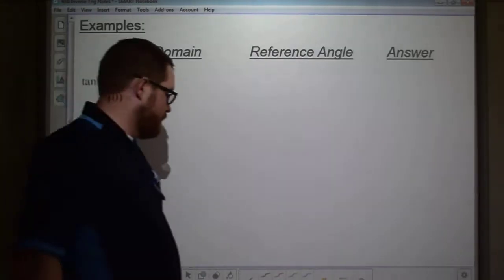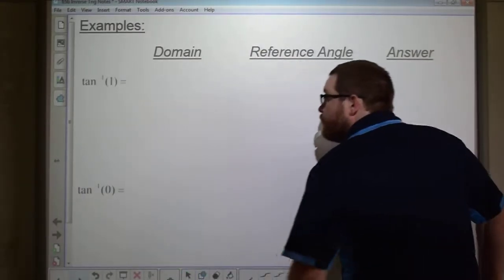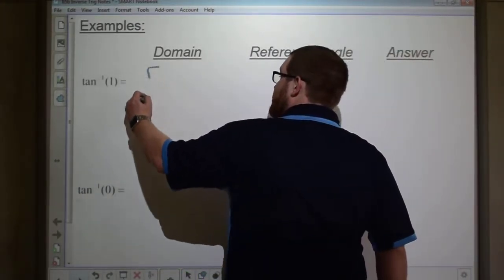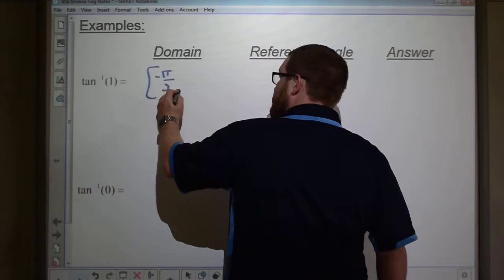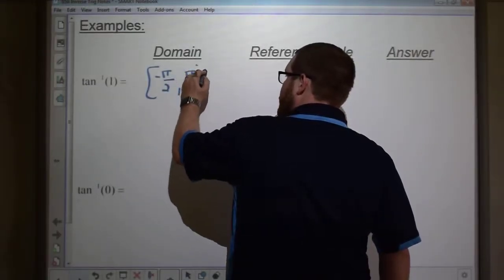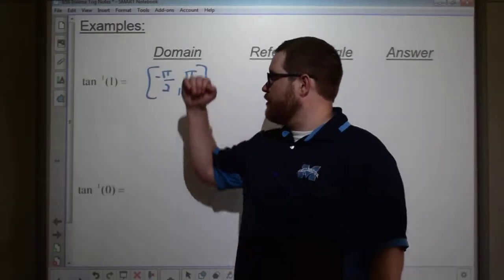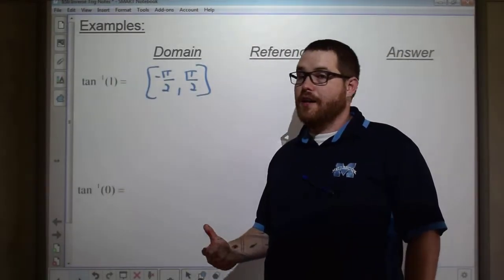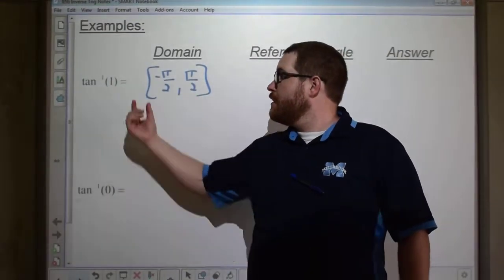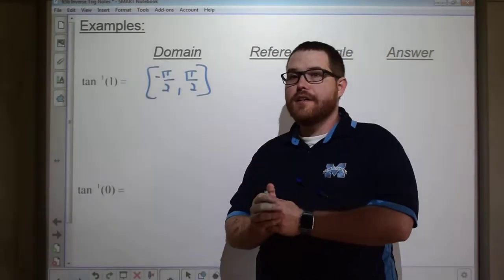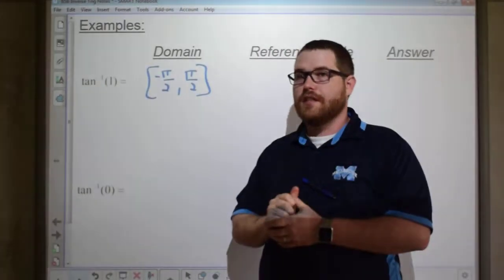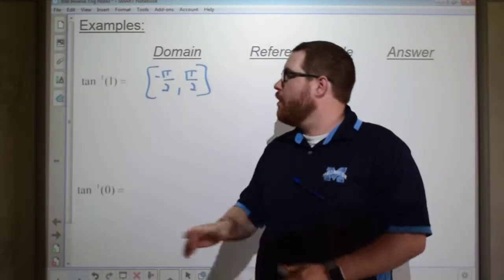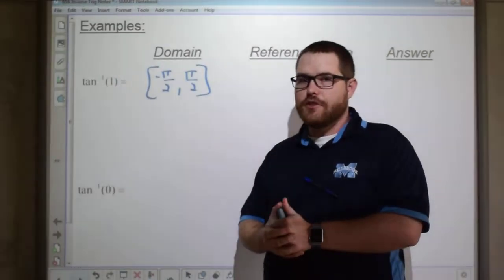So let's do some easier ones here. For tangent, I know I've got to be between negative pi over 2 and pi over 2. That's the fourth quadrant and the first quadrant. Well, I know the answer is positive, so I know I'm going to be in the first quadrant. Tangent of 1. I'm going to divide one of those 3 points until I get a tangent of 1. But be smart. How do you divide so that you get a tangent of 1?